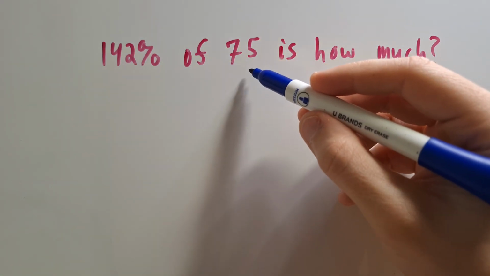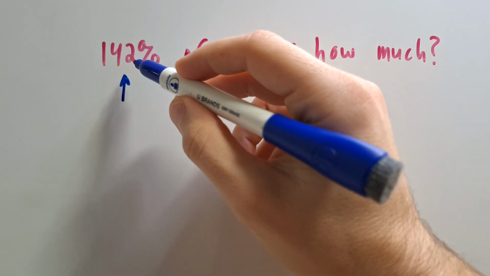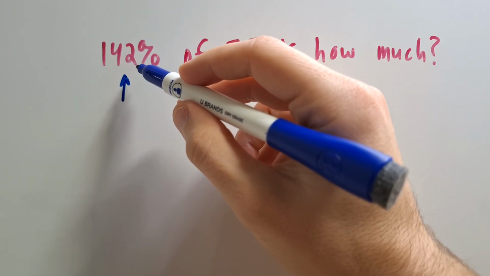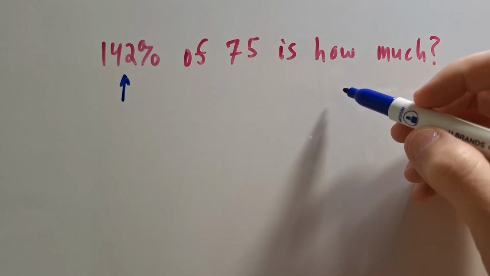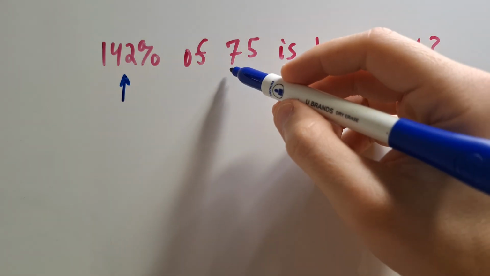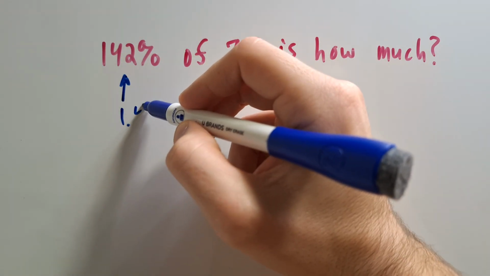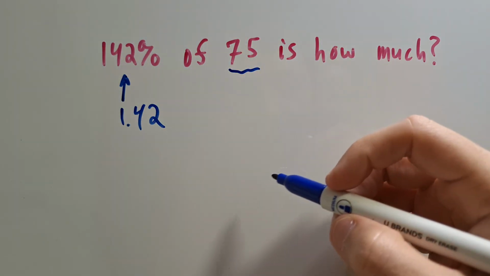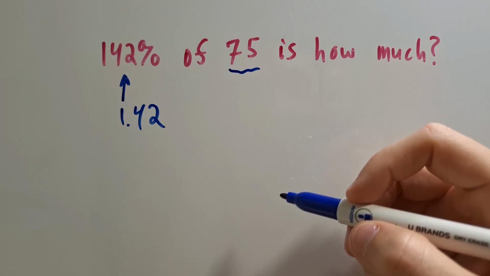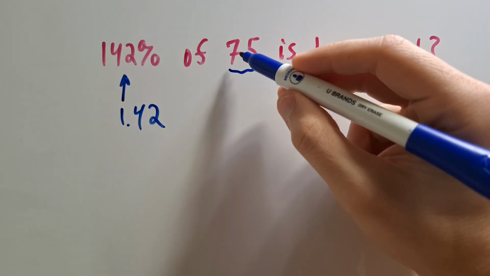142% of 75 is how much? Because this number exceeds 100%, we can expect the final answer to also be more than this. Safe to say that for these kinds of problems, we can use a calculator. So 142% of 75.